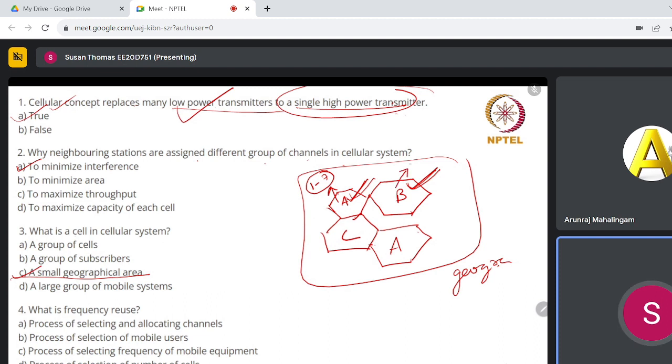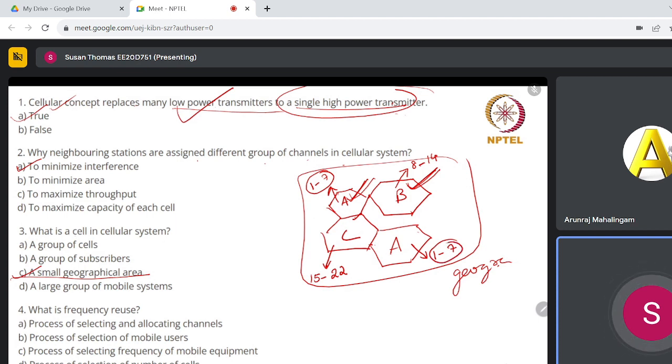B has channel numbers 8 to 14 and C has channel numbers 15 to 22. Suppose again there is a repetition of cell A, so it will use the same channels 1 to 7. What do you mean by this?